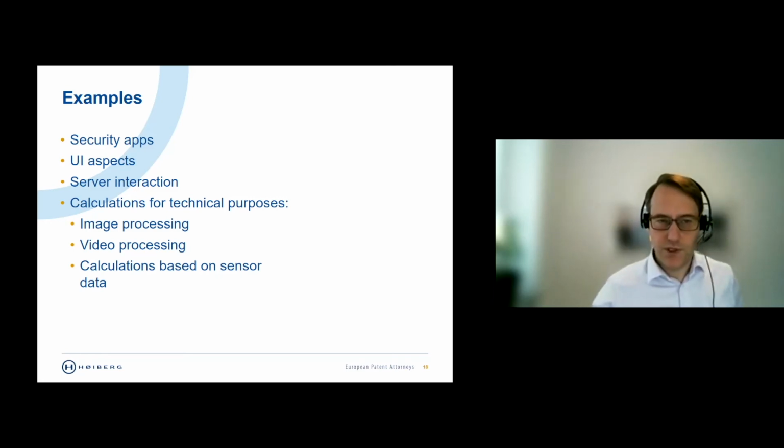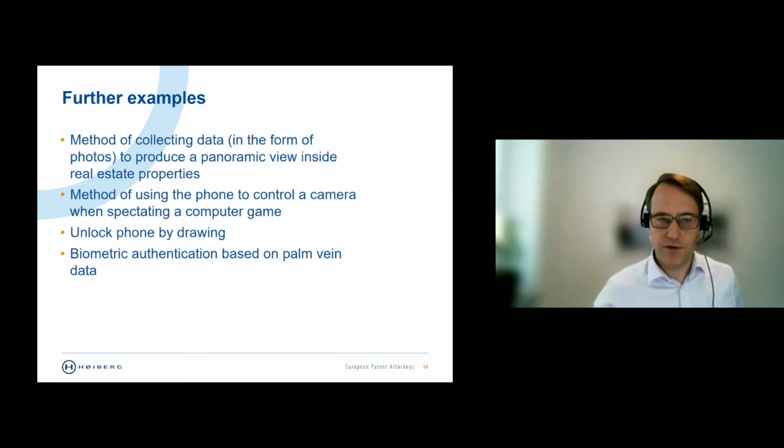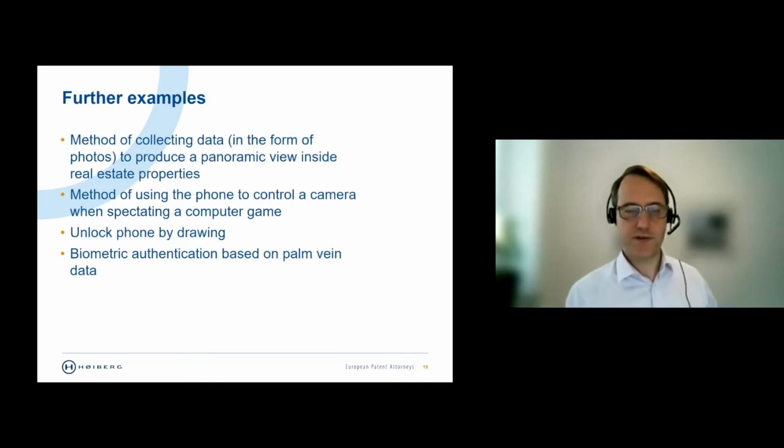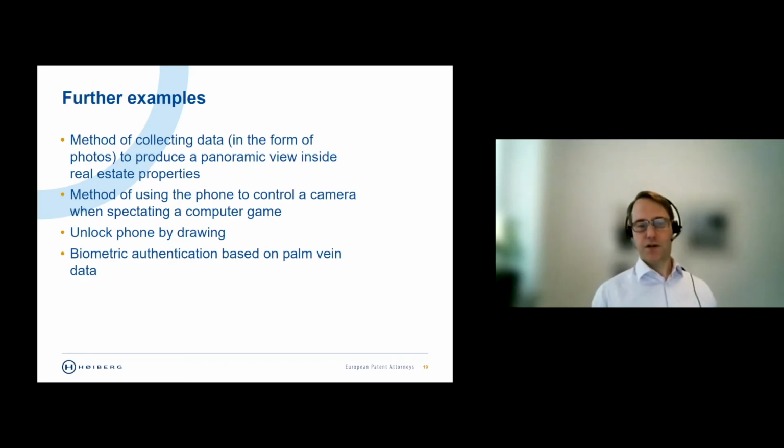I think the best way of explaining these software apps is by giving further examples. So I took some real examples that I found by just searching the databases. The first one is, this is probably not new anymore, but it was patented some time ago, that you can actually move around in the building and you just use your phone to take pictures, basically, or a video, and then it produces a panoramic view inside the building.